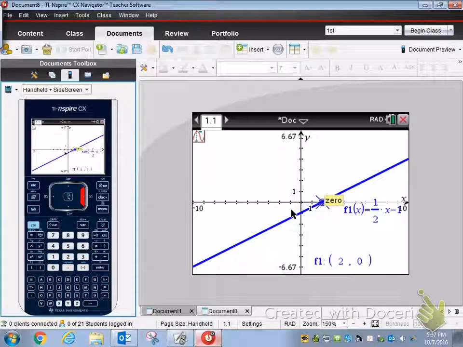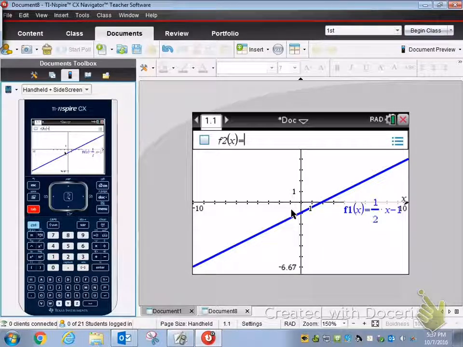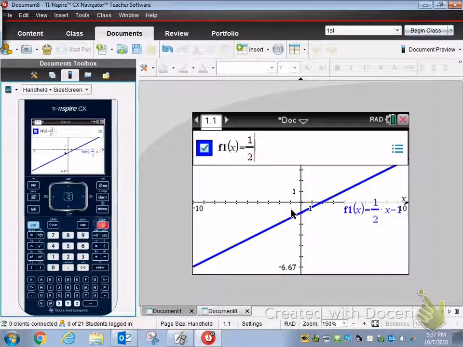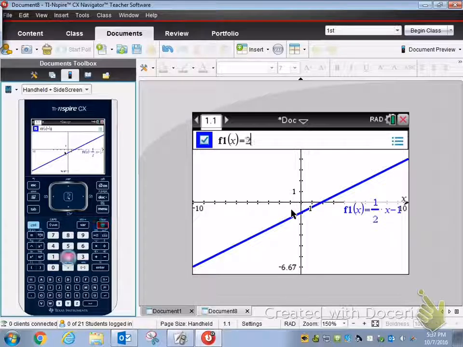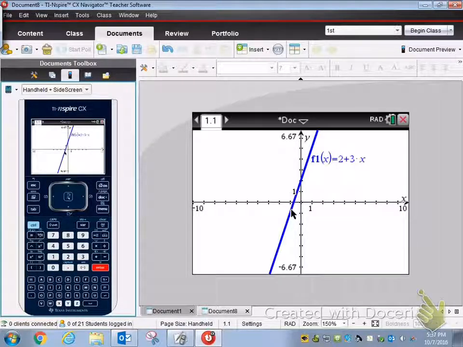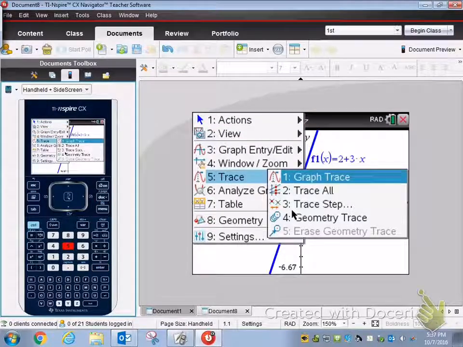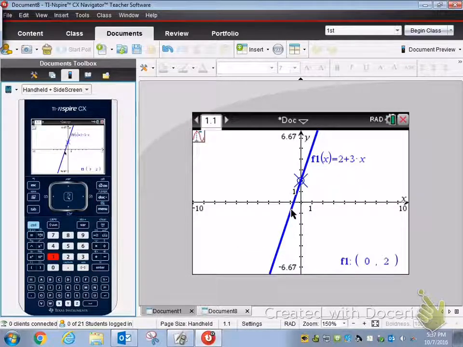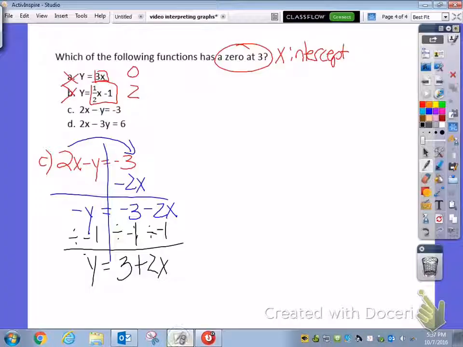So on your graph, tab, up, then you have 2 plus 3x, and hit enter. Okay. Menu, 5, 1, and then I'm going to scroll over to the x. That does not match. Okay, so that one doesn't match.